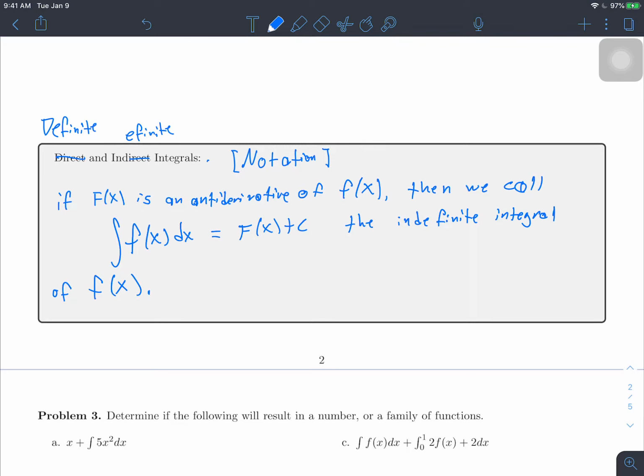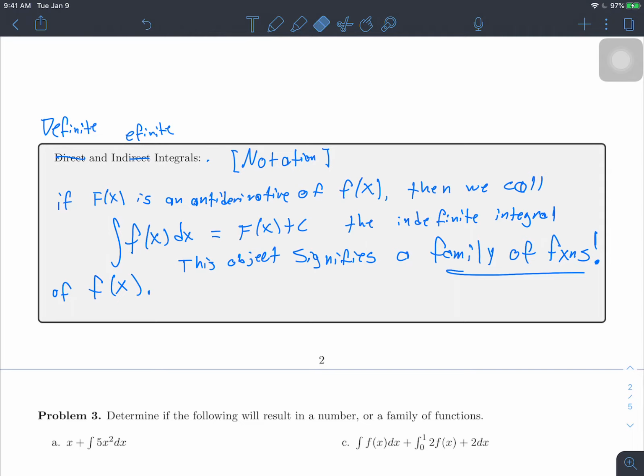This object signifies a family of functions!